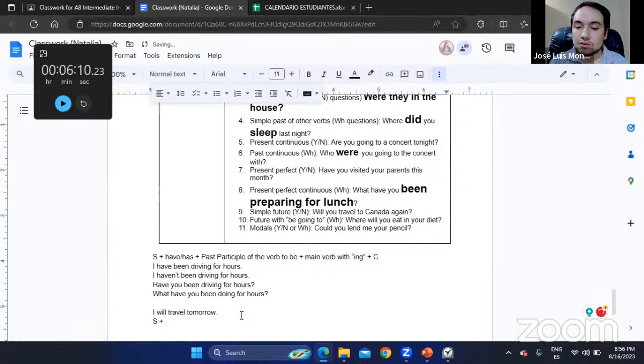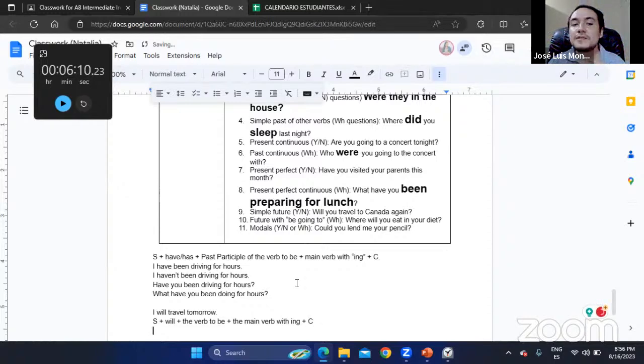Subject plus, in this case, it's future will plus the verb to be plus, right, the main verb with ing. All right, then you have plus the complement.